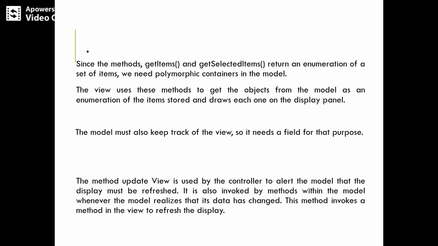Similarly, save is usually in string type, and retrieve is also string, then delete selected items, and we need to update the view. So this is the design of the model subsystem with the class diagram, the basic structure of the model and the items stored there.